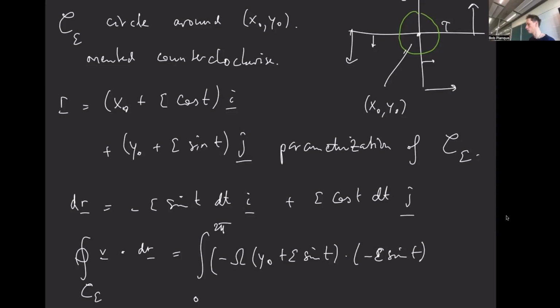This is the first component of the vector field, and this is the first component of dr. And I just multiply them. And then I have a second one, omega x naught plus epsilon cosine t times epsilon cosine t.